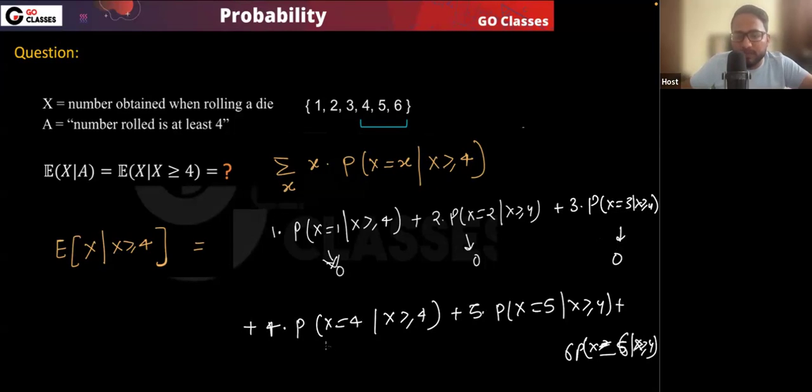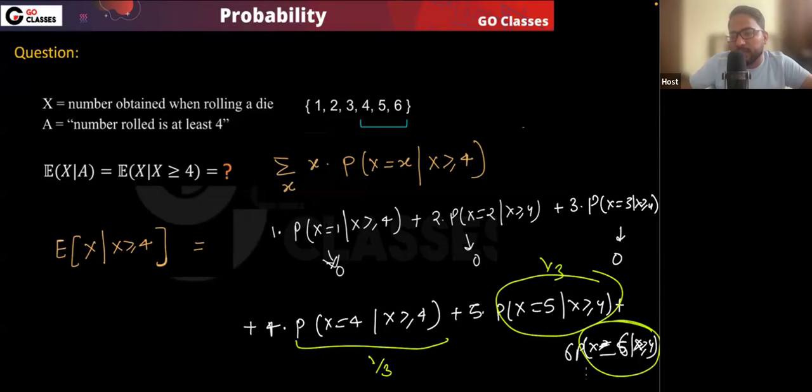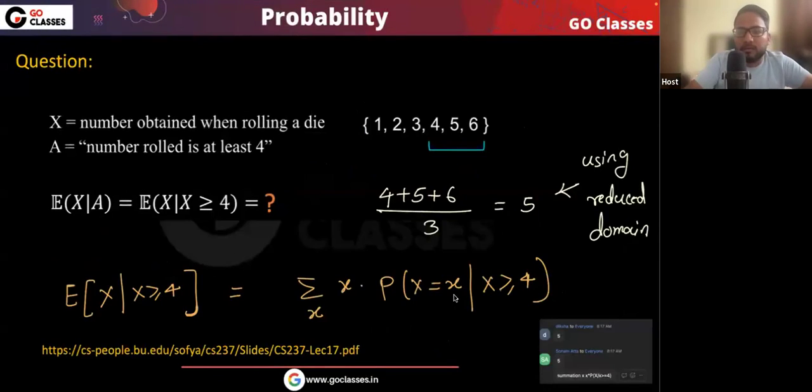So what are these probabilities? Given that X greater than or equal to 4, what is the probability of X being 4? This is 1 by 3. Again this will be 1 by 3. Again this will be 1 by 3. So finally, it will be 4 plus 5 plus 6 divided by 3, which is just 5 again. So you can solve it like this also. Both ways are fine.